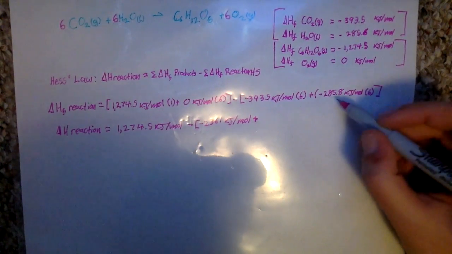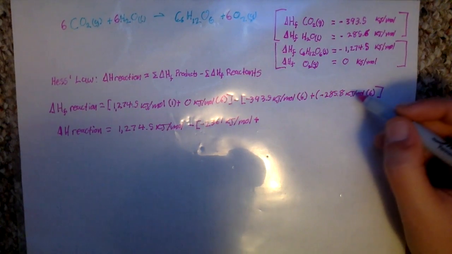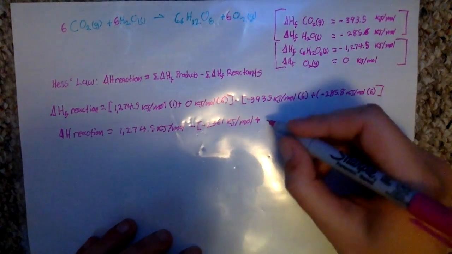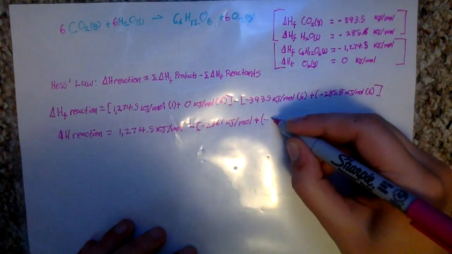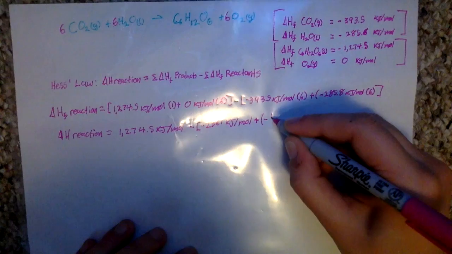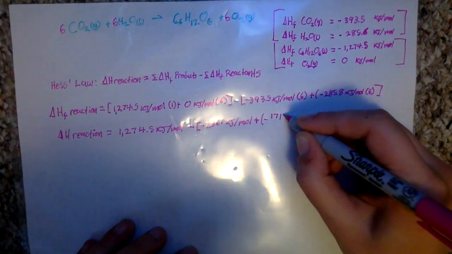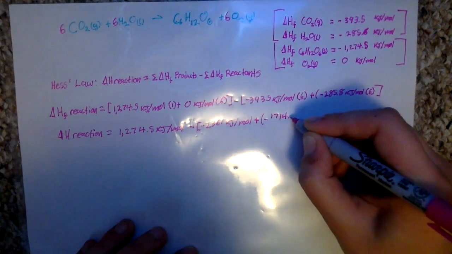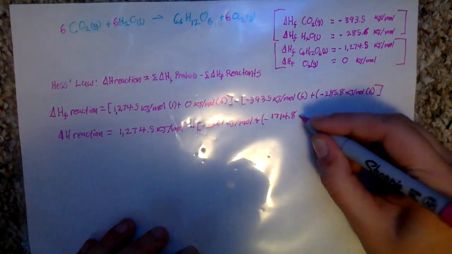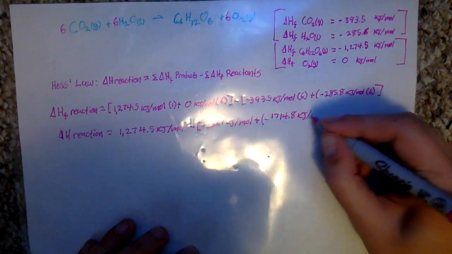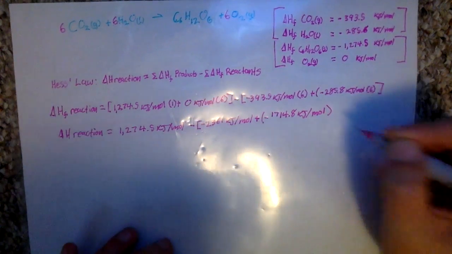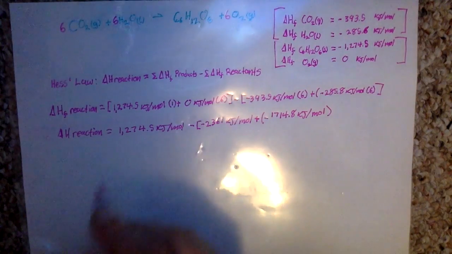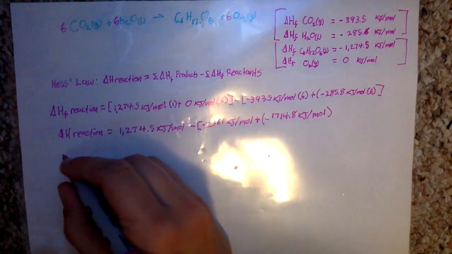And so that is going to be 285.8 kilojoules per mole times 6, which is going to give us a negative 1,714.8 kilojoules per mole, close parentheses. And so now we have to simplify even more.